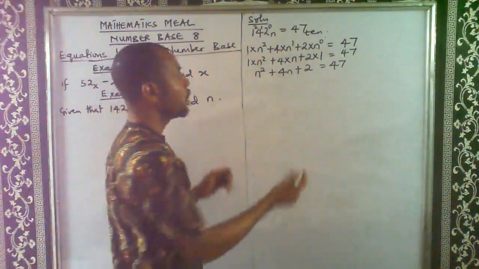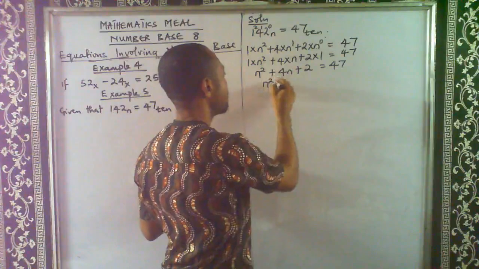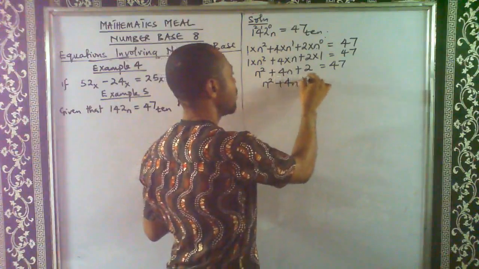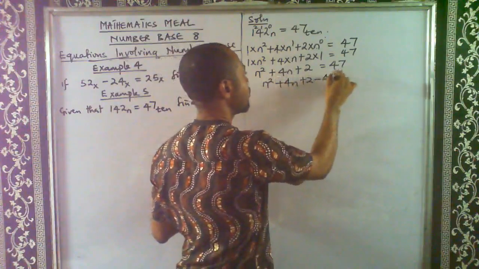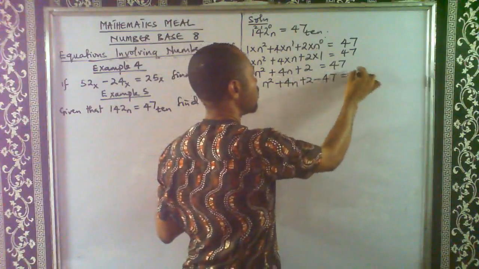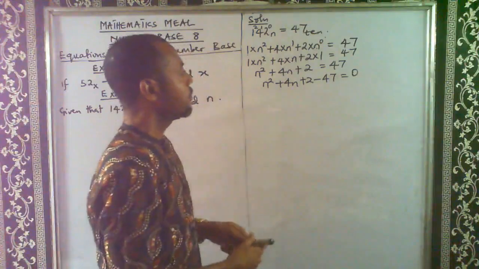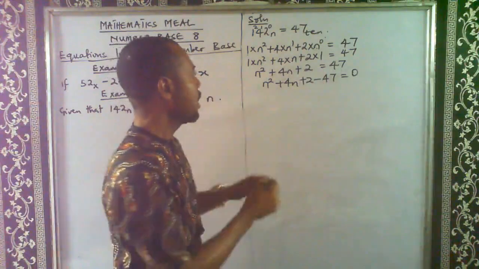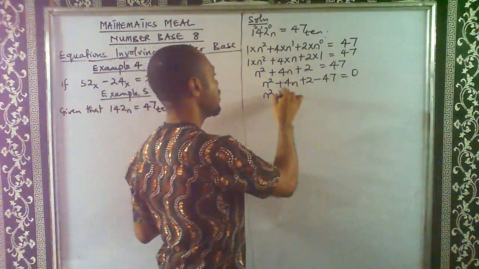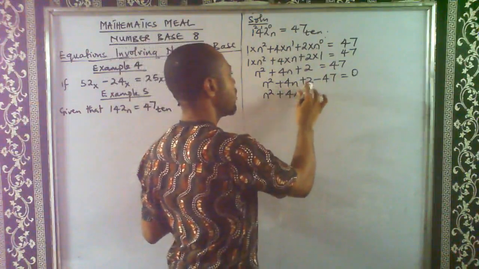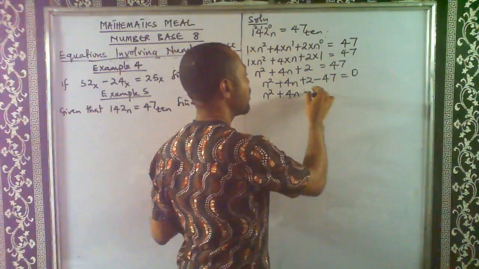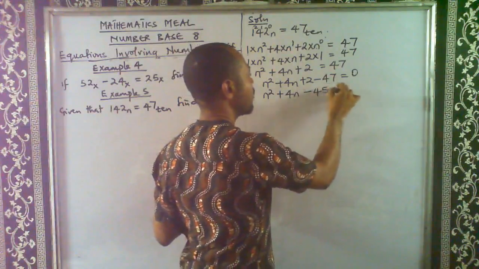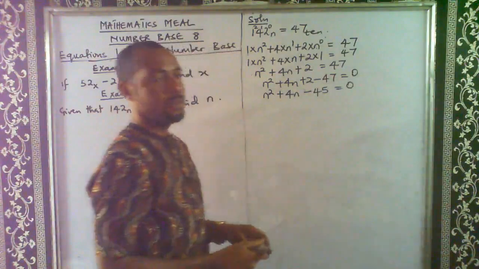So what do we do? We know how we express a quadratic equation. Plus 2 minus 47 equals 0. I just brought this here. If you simplify further, you have n squared plus 4n plus 2 minus 47, which gives minus 45, equals 0.